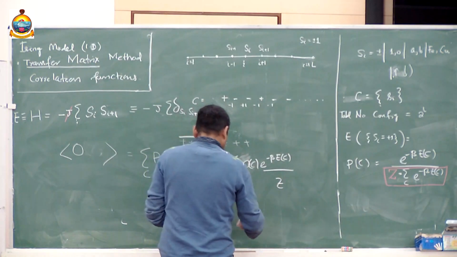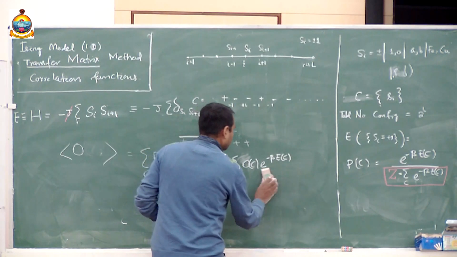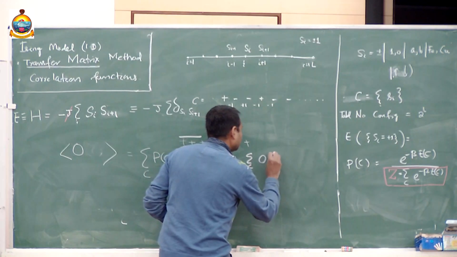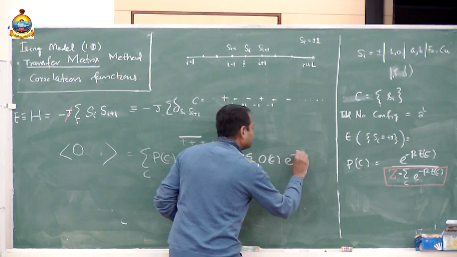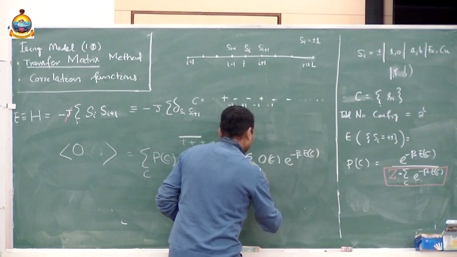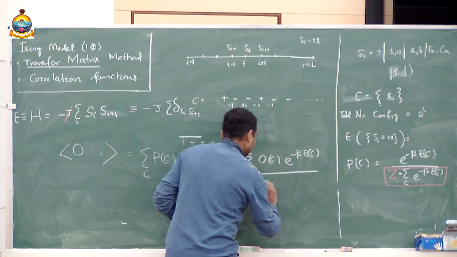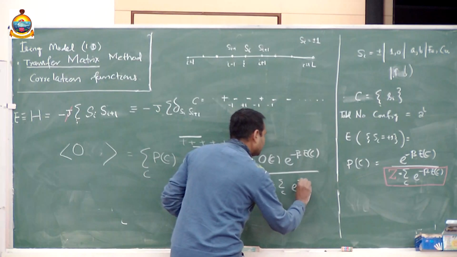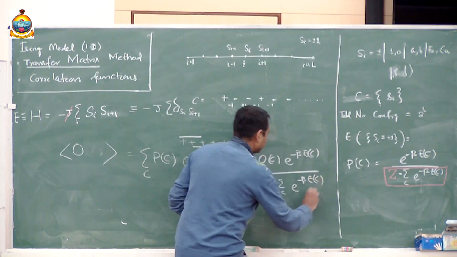So basically, let me write it again more clearly. This is summation over C, O(C) e to the power minus beta E(C), divided by Z, where Z is also the summation over C of e to the power minus beta E of C. It's explicit.